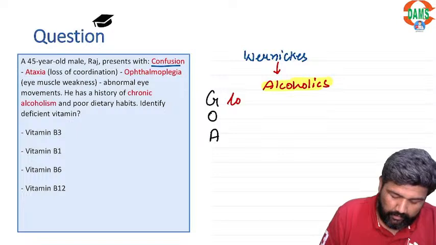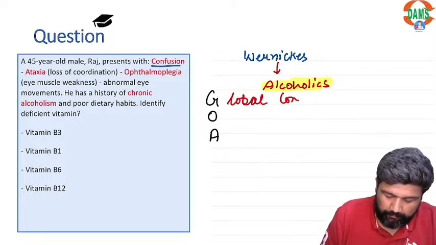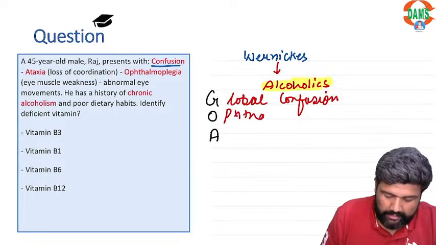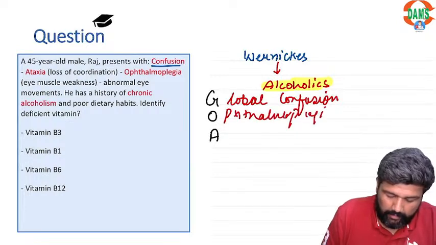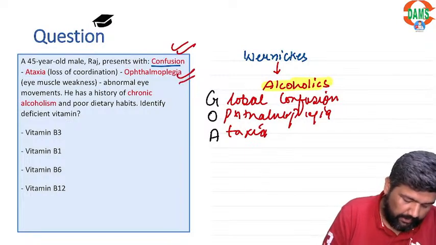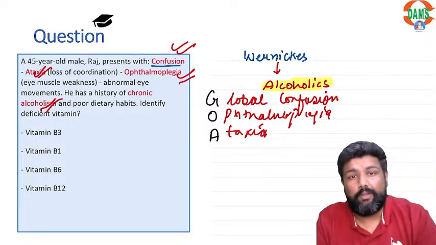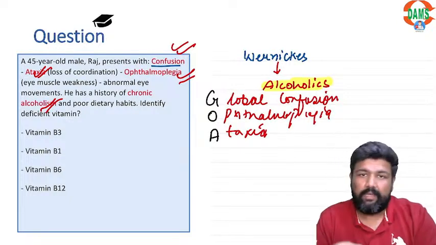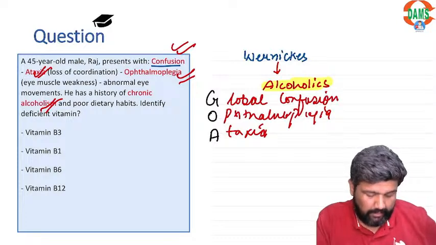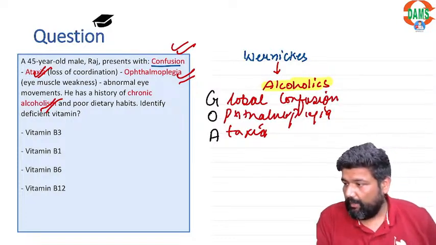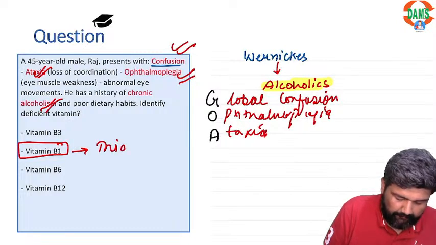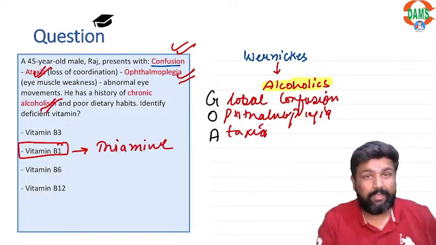G, global confusion, O, ophthalmoplegia, A, ataxia. See, confusion, ophthalmoplegia, ataxia, chronic alcoholism. These keywords are enough to tell you that this is Wernicke encephalopathy. Yes, this is vitamin B1 thiamine deficiency. So the correct answer here is B.